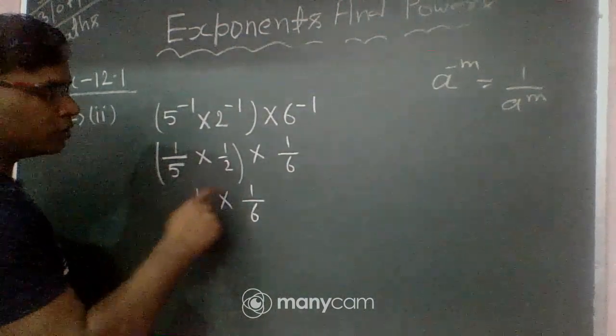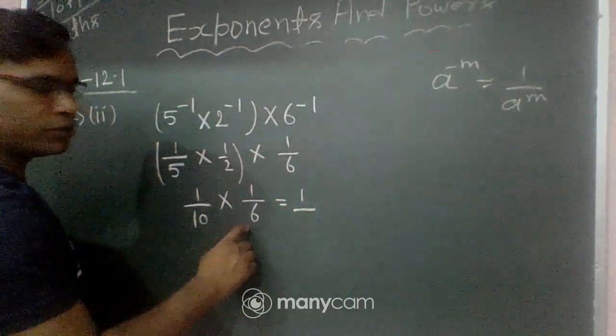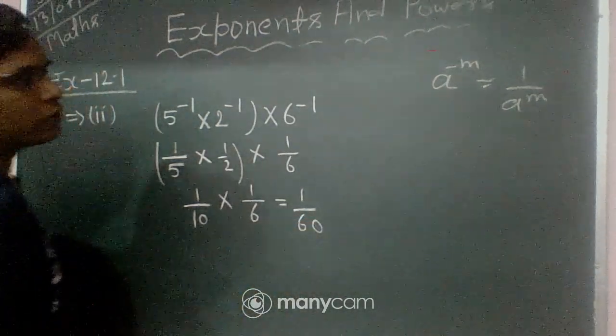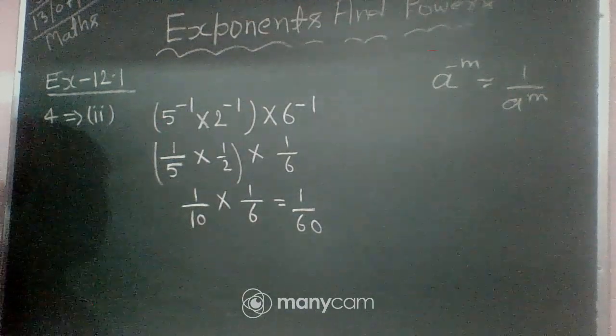So again 1 into 1 becomes 1 and 10 into 6 becomes 60. Okay, in this way you find the value of this problem.